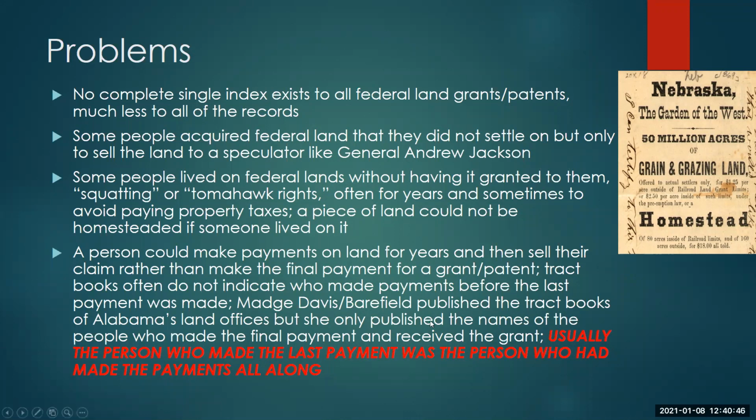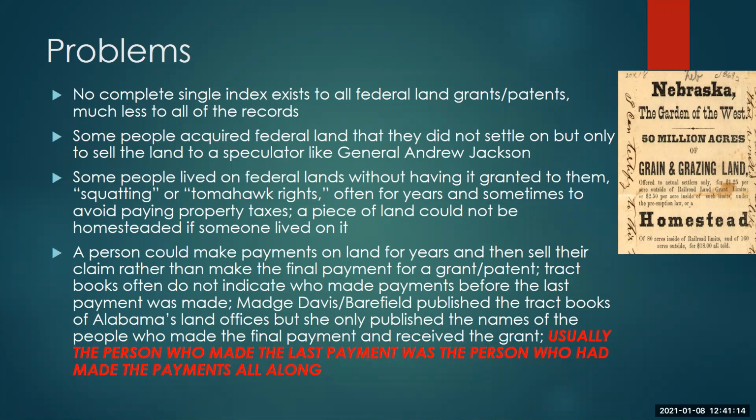All right. And as they say, somebody could make payments on a piece of land for years and then lose the land because they did not make the last payment on it. Now, one good example of this was Madge Barefield's books. Miss Barefield published a book on each of Alabama's land offices, except one.